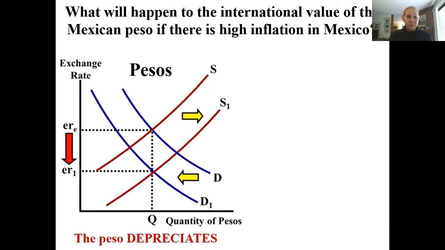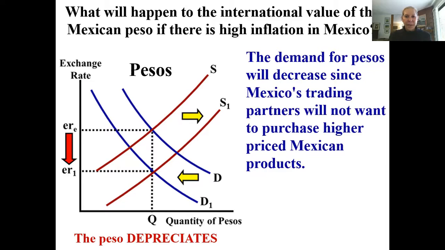The peso depreciates because the demand for pesos will decrease, since Mexico's trading partners will not want to purchase higher priced Mexican products. So the demand curve will shift to the left, from D to D1.